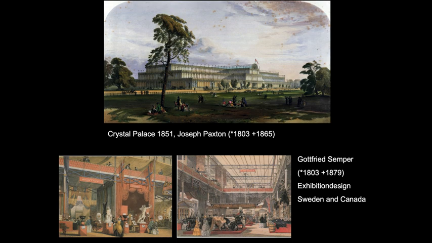And the architect Joseph Paxton, who designed the exhibition hall, was not an architect, he was a gardener. And as a gardener, he knew that plants need enough light, so he was seeking a possibility to bring light into a building and give shelter to the plants at the same time.